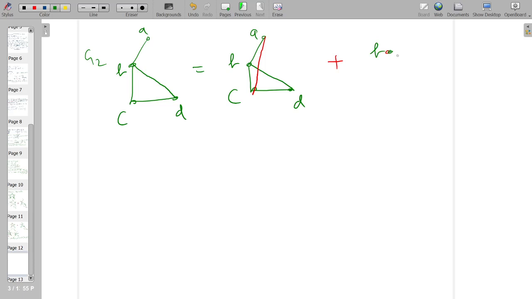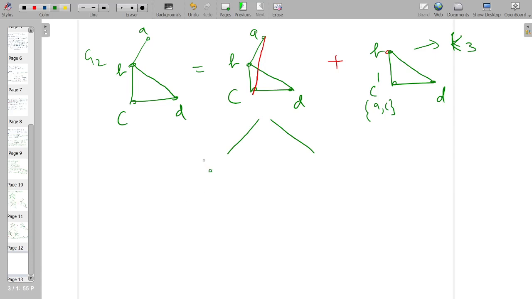This would be B, this would be C dash, this would be D. Now this is same as A comma C. B is adjacent to D, so this gets reduced to K3. Okay, so now I have to use the theorem and find the chromatic polynomial of the graph which is in the first term of the sum.